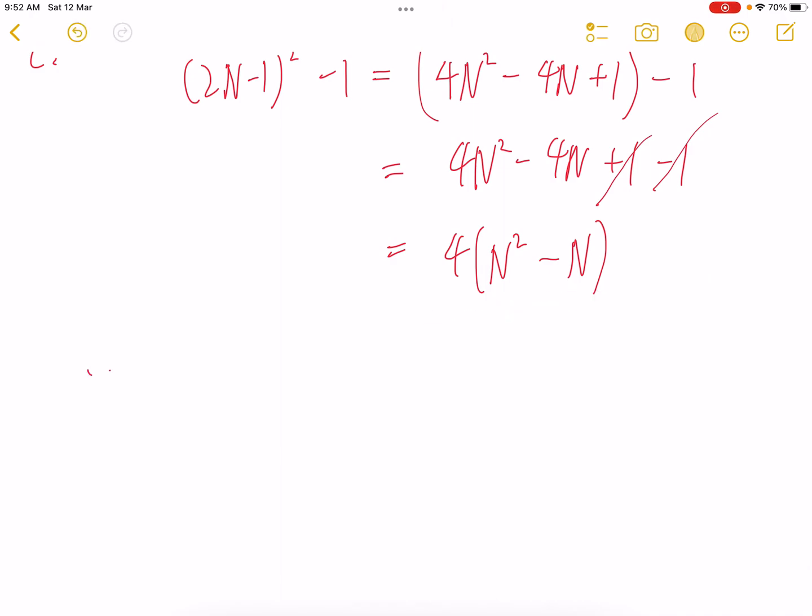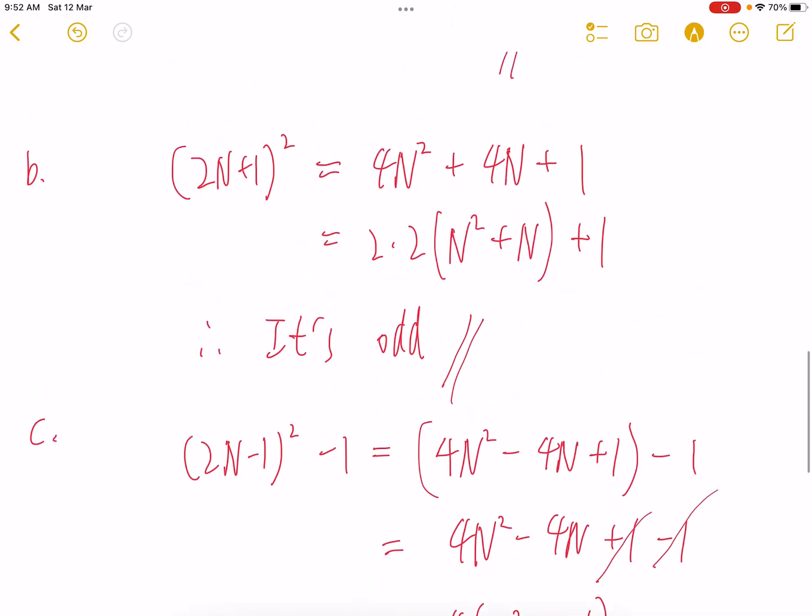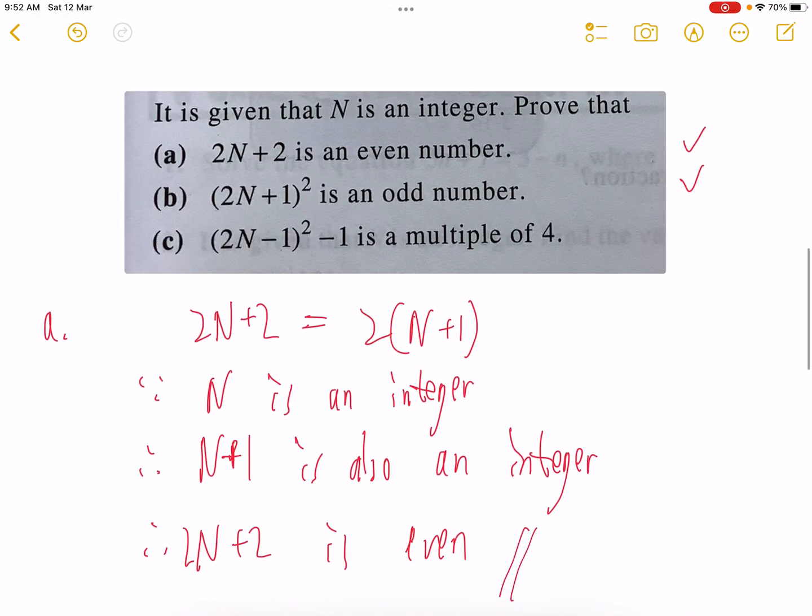So we have proved that it's a multiple of 4, and we're done. Good. So next video, I should be moving on to the complex number properties and some manipulations.